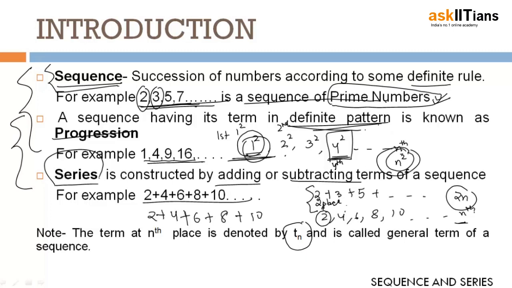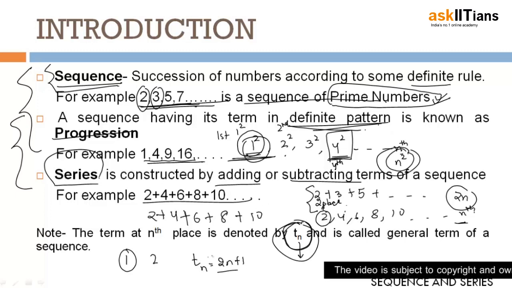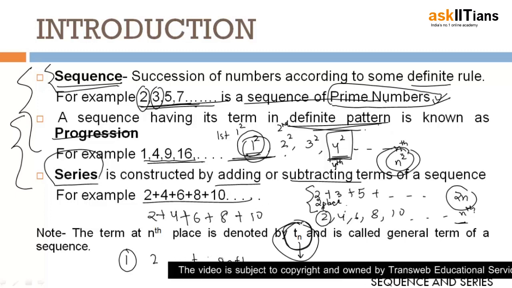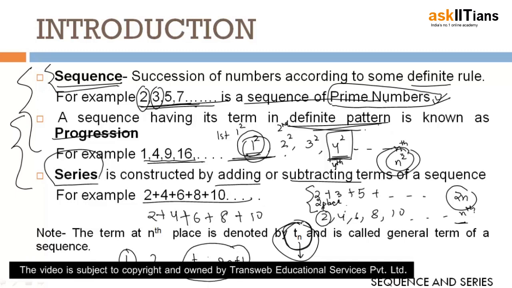Because if we can derive it, other operations can be formed according to it. Basically Tn gives us a function, so that if we put the place value, for example 1, it gives the first term. If I put 2, it gives the second term. For example, if I write Tn as 2n plus 1, this represents a series or progression in which the general term is this.